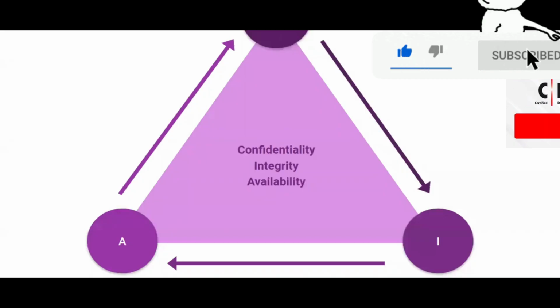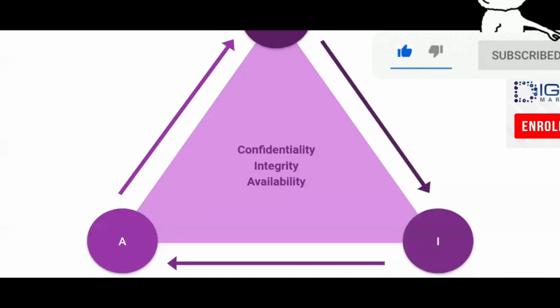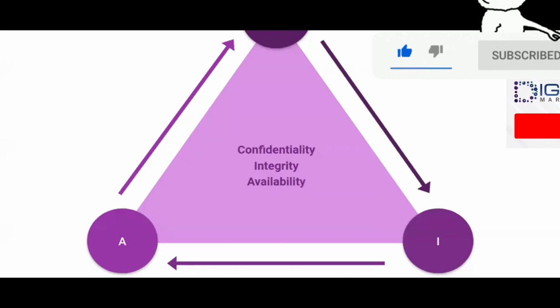So there is one important aspect about information. It is about these 3 attributes that I would like to name, which relate to confidentiality, integrity, and availability. So what happens is that information is kept secret from others.